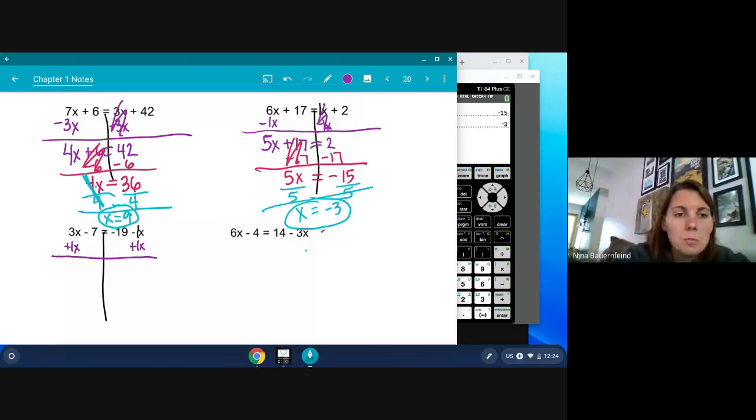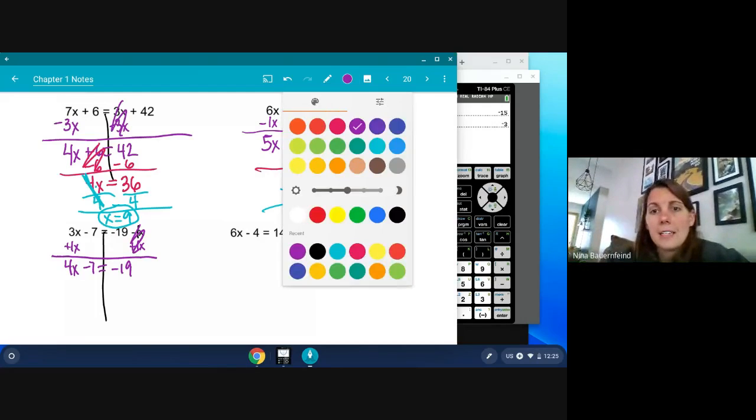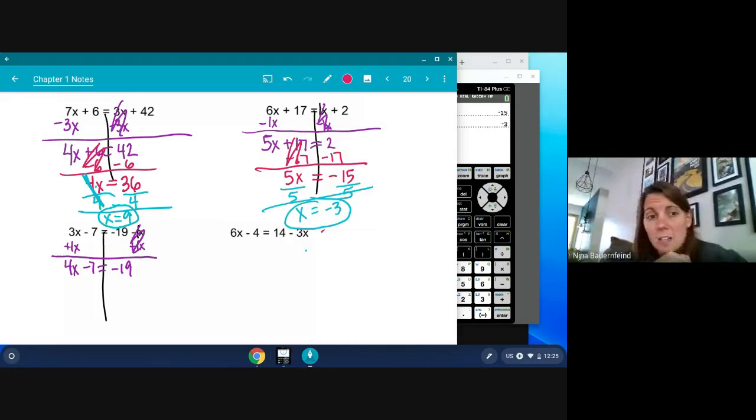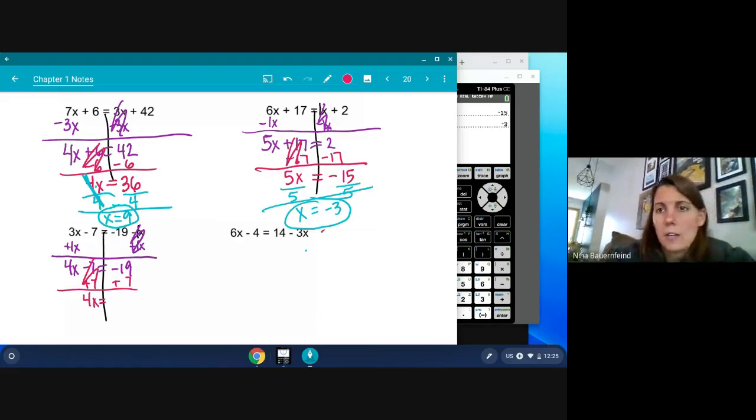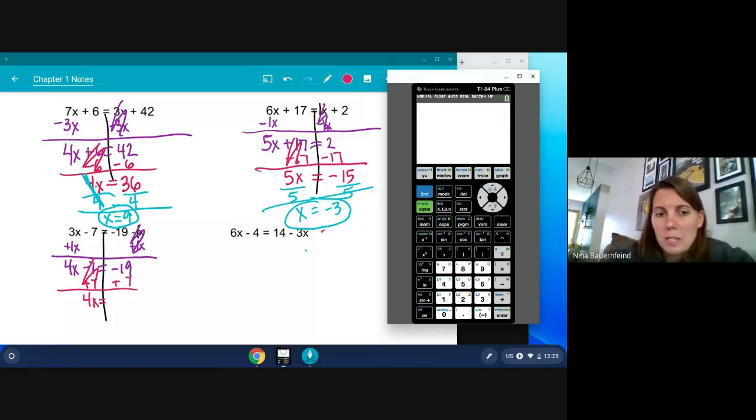So 3x plus 1x is 4x minus 7 equals -19. That's gone. Then the next step, he said, is he would add 7. So those are gone. That's why he did it. Now, in your calculator, some of you guys might like to put this.